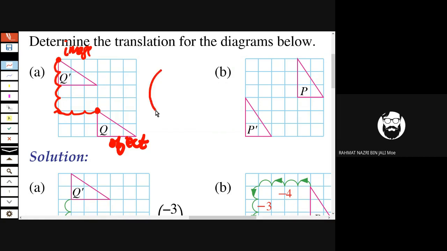So its movement first, it moved to the left 3 units. So we write down -3. And then going upward 1, 2, 3, 4, 4 units. So we get +4. +4, tak perlu tulis positif, tak apa. We just write down 4 only.